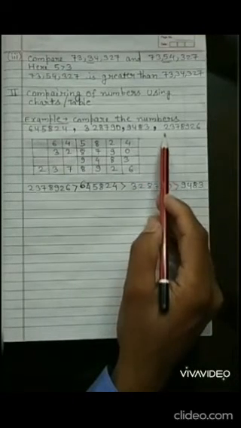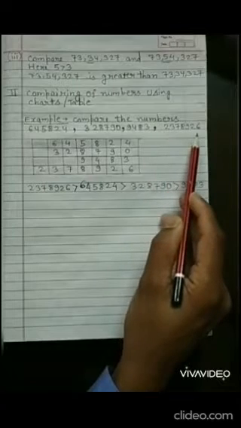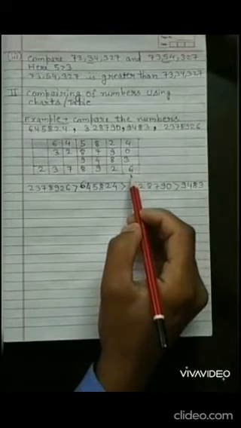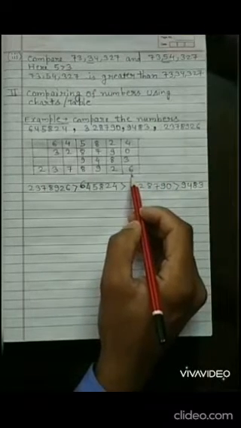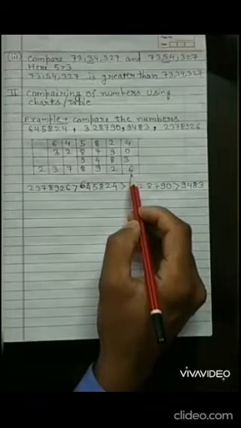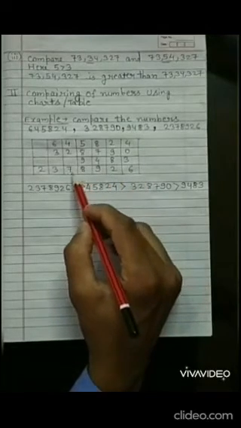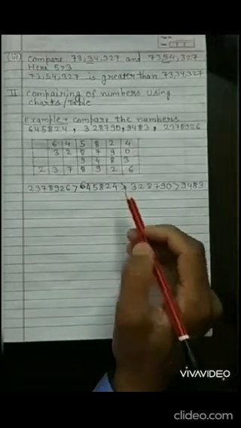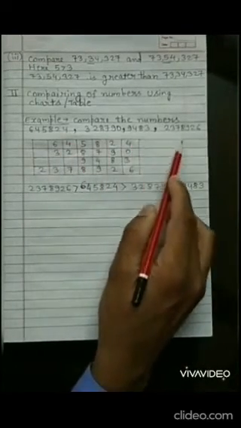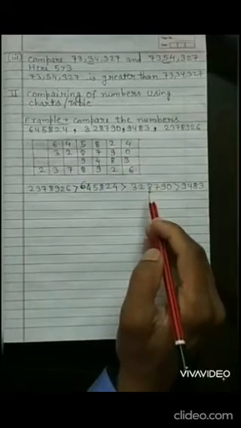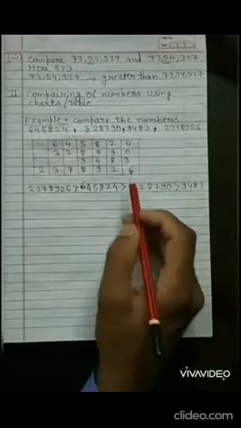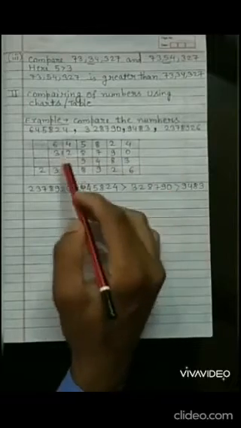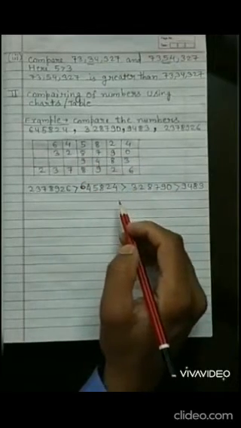We are going to put the digits of this number from the right side of the fourth row. 6, 2, 9, 8, 7, 3, 2. Now we have arranged all these 4 numbers in this table. Now we are going to compare these 4 numbers using this table.